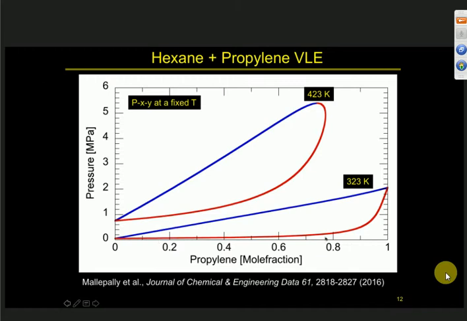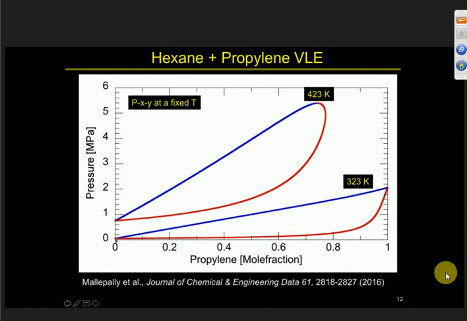So at 50 degrees C, you see that the curve is completely hitting the 1. That means it is going to hit the pure propylene vapor pressure. So the 1 is pure propylene, which means hexane is 0, and here is pure hexane. Pure hexane at 50 degrees centigrade has a really low vapor pressure.